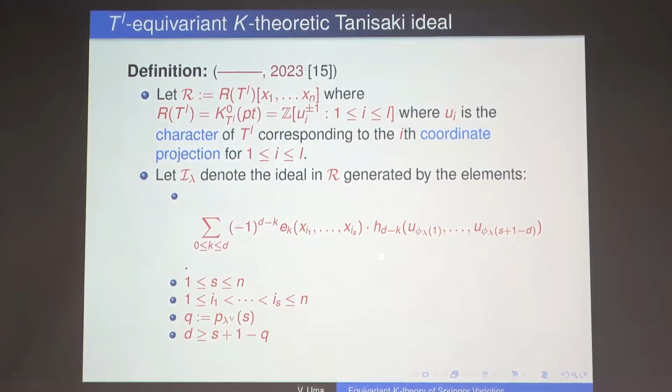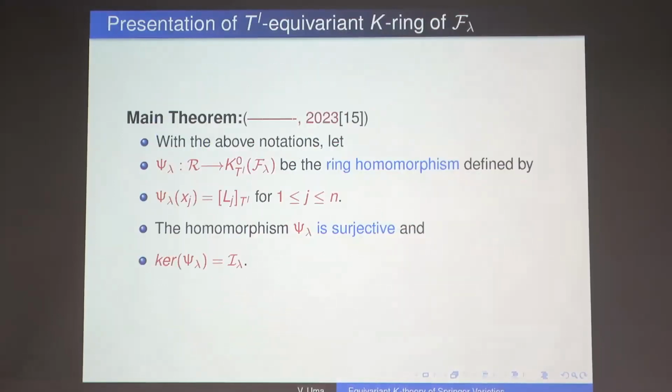So this is similar, but we will now change the map, because earlier the map mapped it to the Chern class of the line bundle. So now we will send psi lambda as a map from R to the TL-equivariant topological K-ring of F lambda, which is defined on the polynomial ring generators: Xj goes to Lj, the class of Lj in the TL-equivariant K-ring.